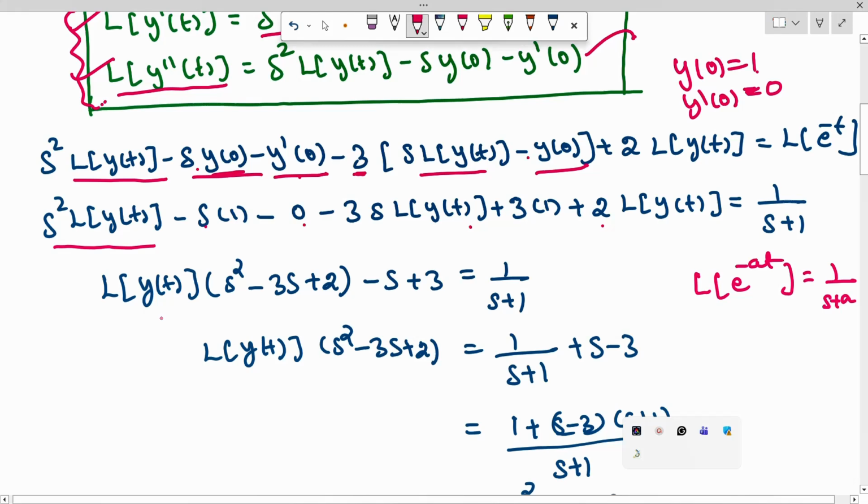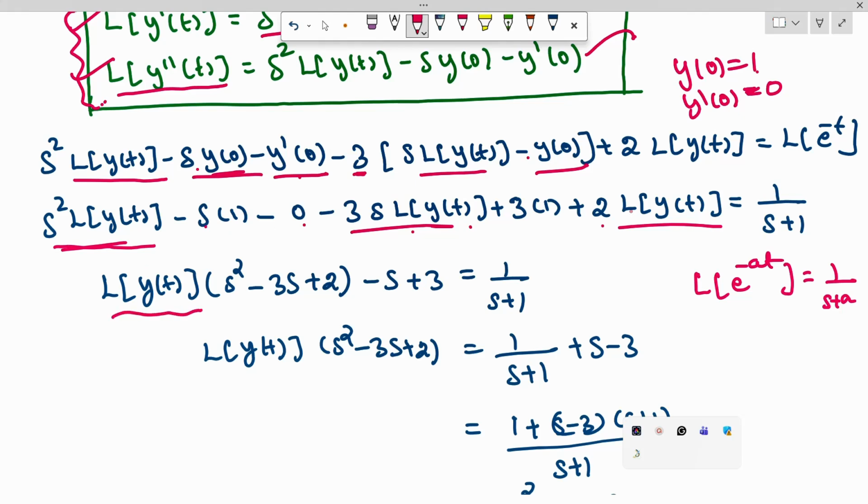Okay, in the next step, from the first, fourth and also the last term, from these three terms, taking outside common L of y of t. L of y of t is common from these three terms.